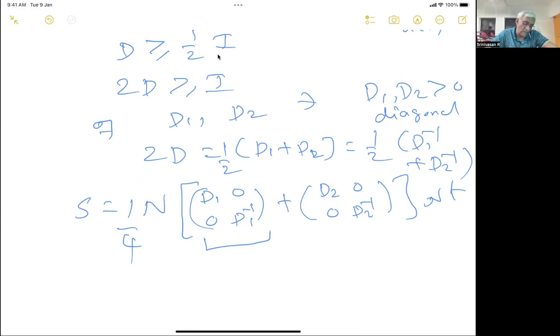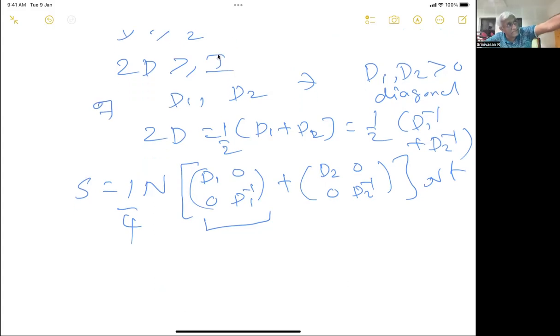Now we know that D1 inverse, that diagonal, is symplectic. We have proved that everything will look like this up to two unitaries; in fact, we proved the structure theorem.